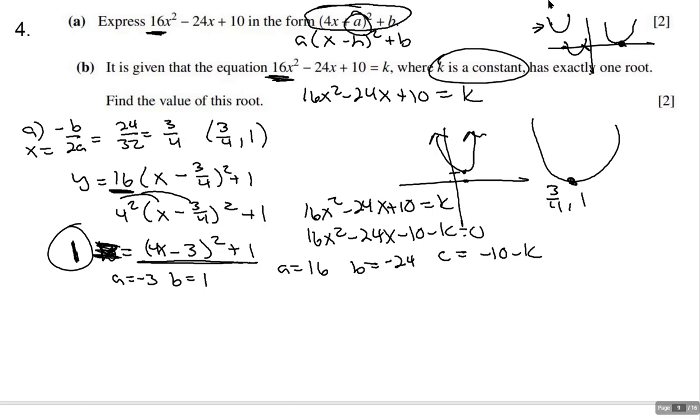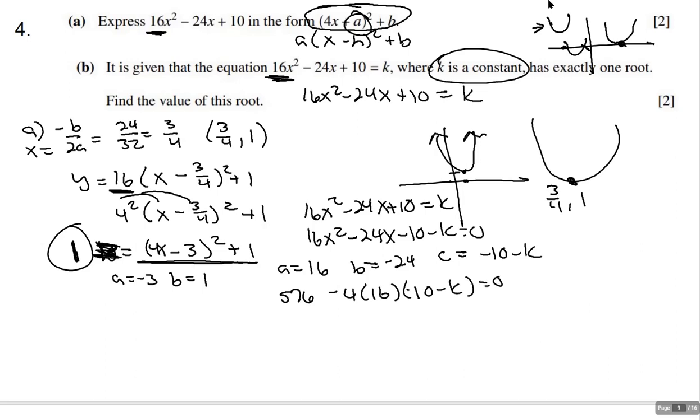Okay, awesome. Hopefully you did that. If you did, it's going to look like this. Negative 24 squared, that's my b, so it's going to be 576 minus 4 times 16 times 10 minus k equals 0.